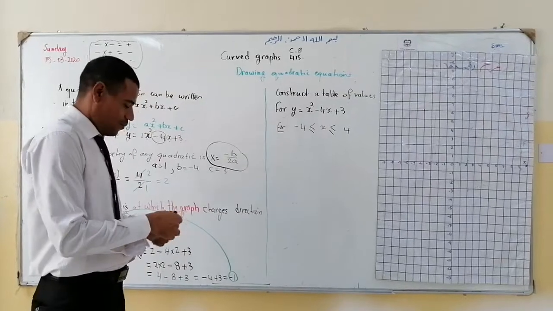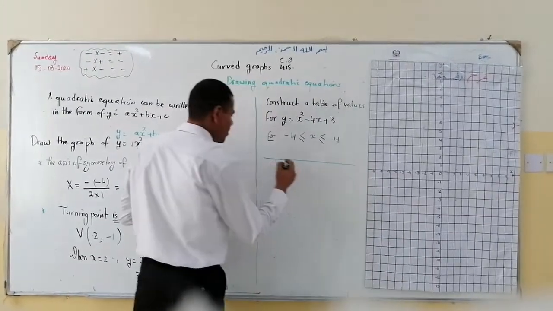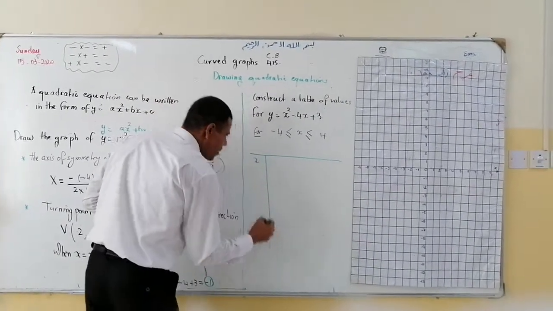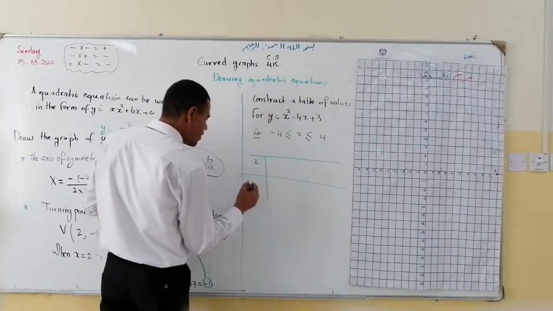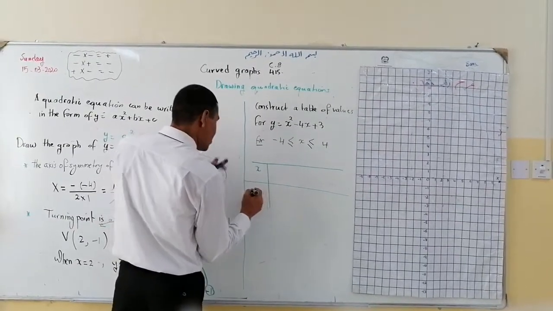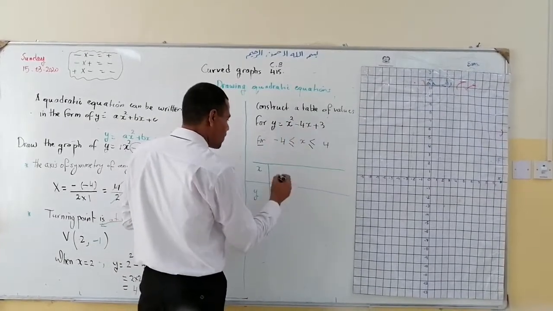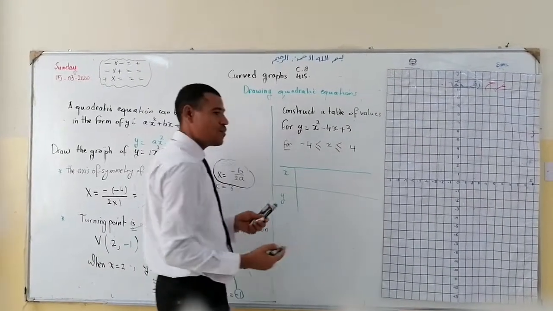So I will now construct this table of values. I will construct a table. This is x and this is y equals x squared minus 4x plus 3. Then I will take x between negative 4 and 4.